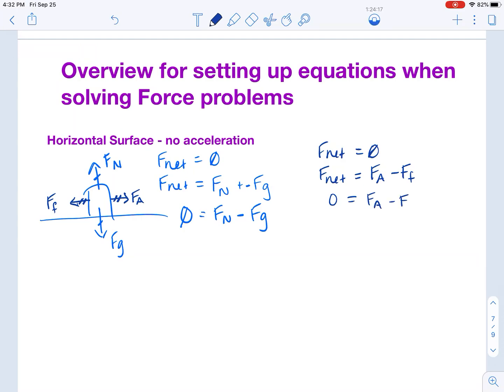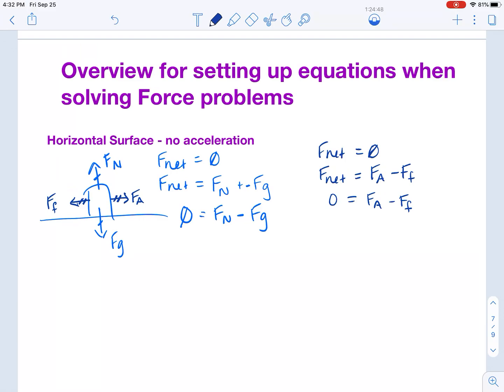Now, I also want to address that this would be the exact same setup for an object that is moving, but it has a constant velocity. Once again, constant velocity means no acceleration. Acceleration is caused by a net force. So an object that is moving while receiving a force, but it does not accelerate, means that the kinetic friction is equal to the applied force.